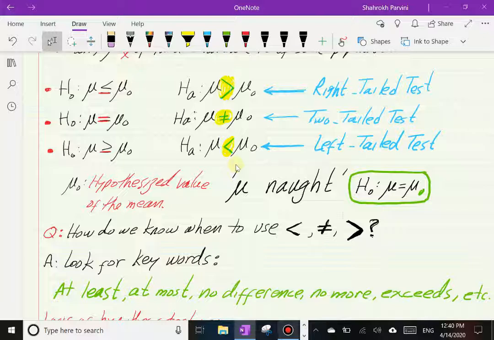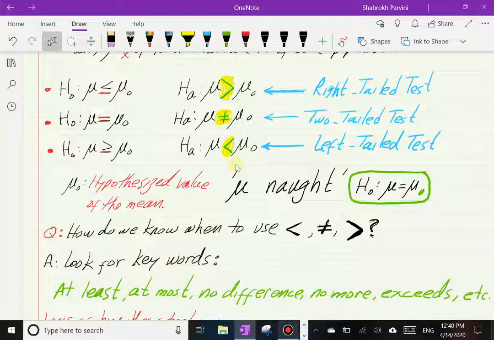At least, at most, so remember, at least would be greater than or equal to. At most would be less than or equal to. No difference means not equal to. No more means less than or equal to. Exceeds, again, that's greater than, and so on, however they stated. So those are the keywords you look for when you read these word problems, and that will lead into setting up the alternative.